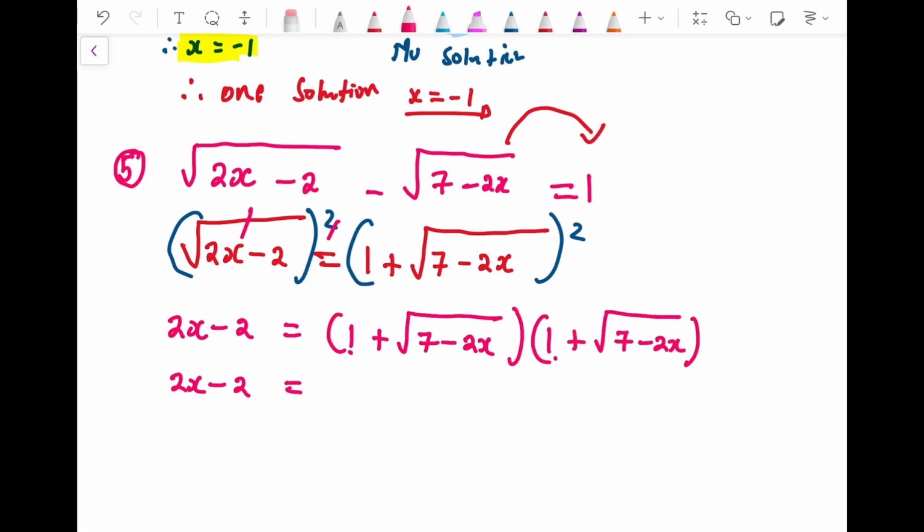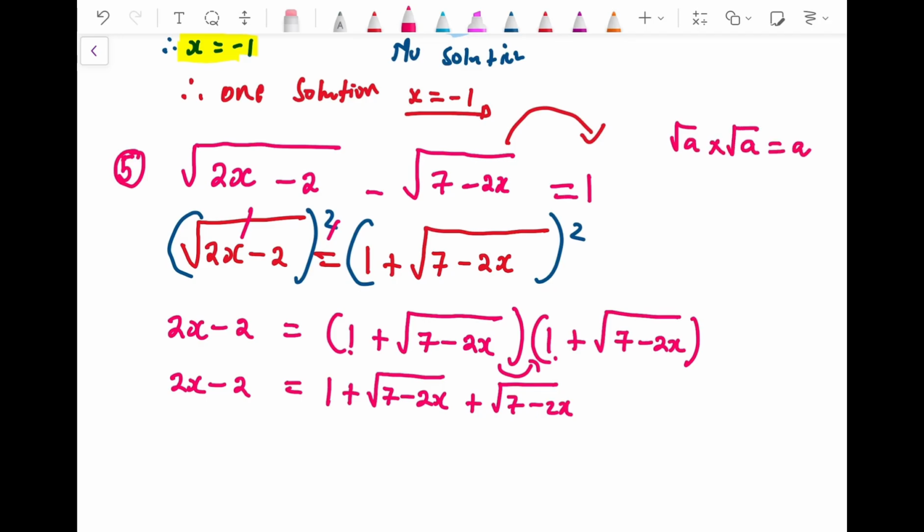1 times 1 is the same as 1. 1 multiplied by the square root of 7 minus 2x, it will be plus the square root of 7 minus 2x. The square root of 7 minus 2x multiplied by 1, it will be plus the square root of 7 minus 2x. And then remember, the square root of a times the square root of a, the answer is always a.